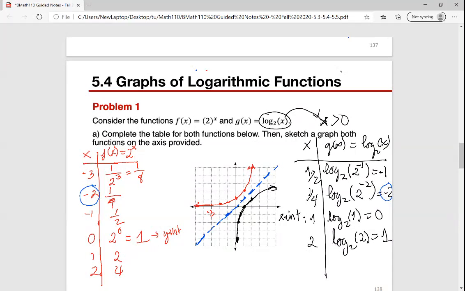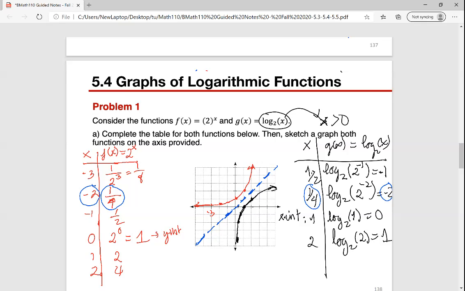So you see that input -2 here equals -2 of the output of the log, and the output of the exponential function will be the input of the log function.